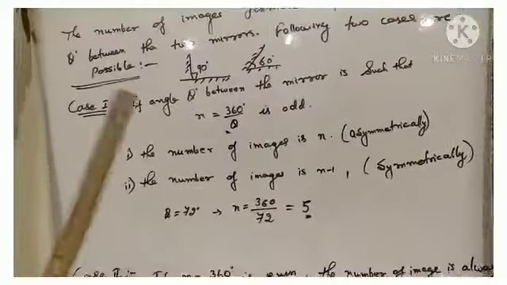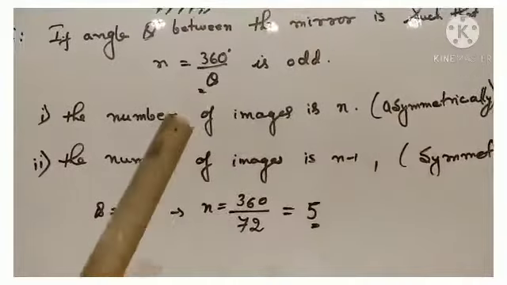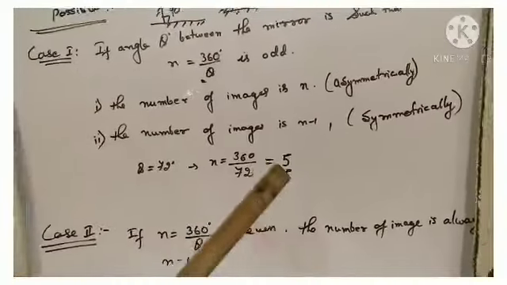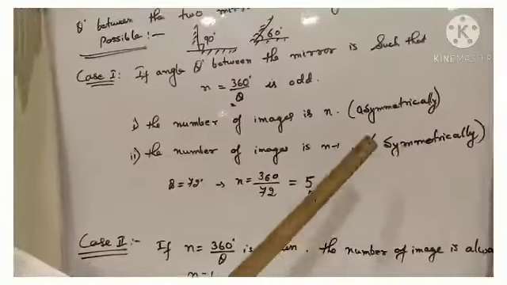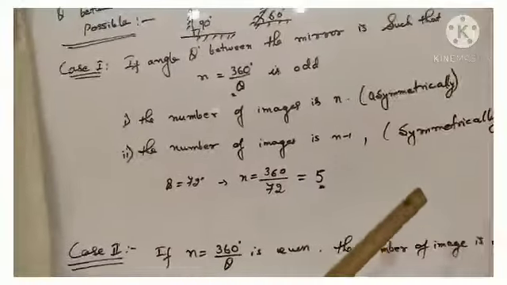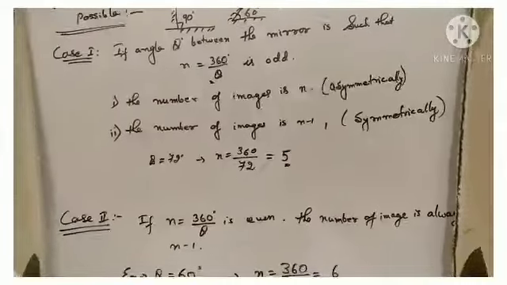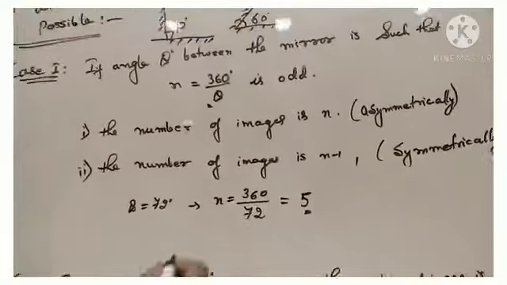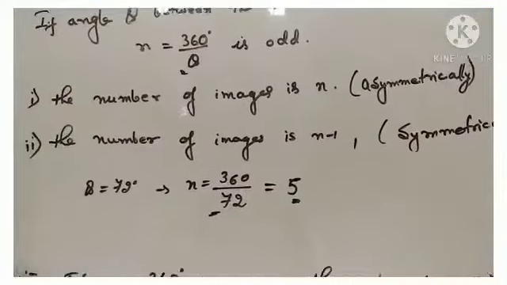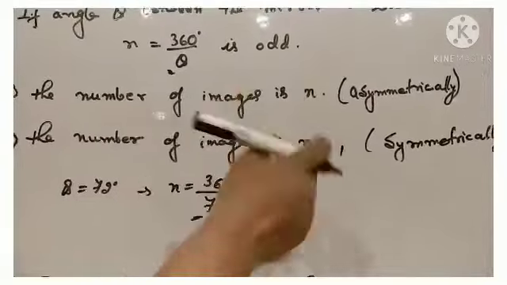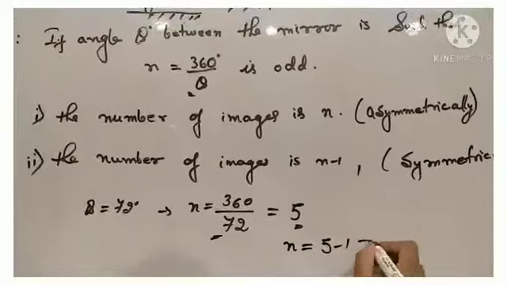In this case, two cases occur again. The number of images is n when the object is placed asymmetrically between the mirrors, and the number of images is n minus 1 when the object is placed symmetrically. Symmetrically means the object is placed on the bisector of the angle. So if it is asymmetric, then n will be 5, but if it is symmetric, then n is equal to 5 minus 1, that is 4.